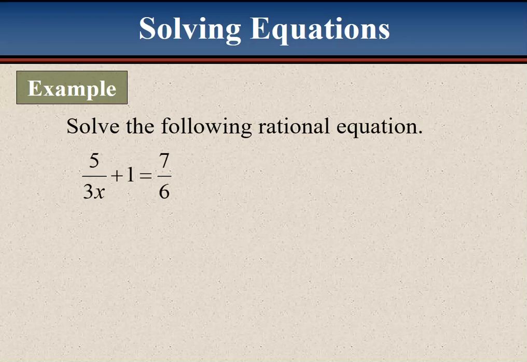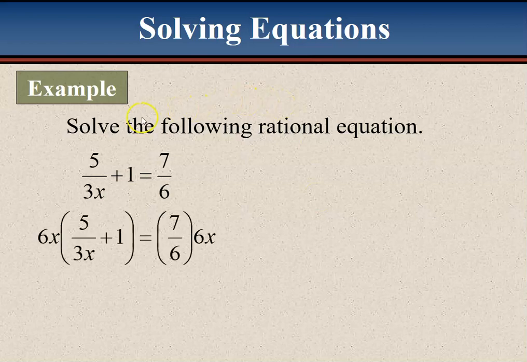Okay, for example, 5 over 3x plus 1 equals 7 over 6. We will equate this equation now to 0, or you can simplify the fraction so that you can eliminate the fraction. So therefore, the common factor here is 6x, which is the 3 and 6 common factor is 6, and then we have the x, we will put x as well.